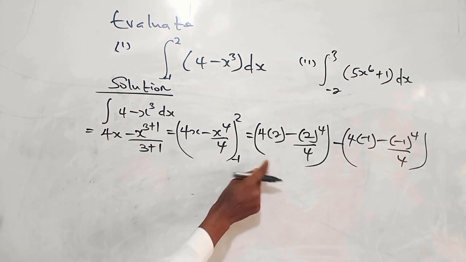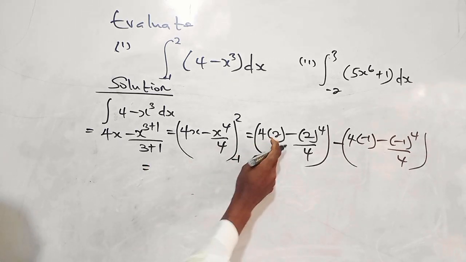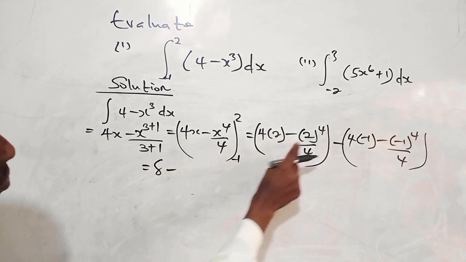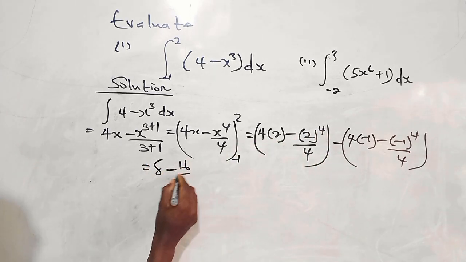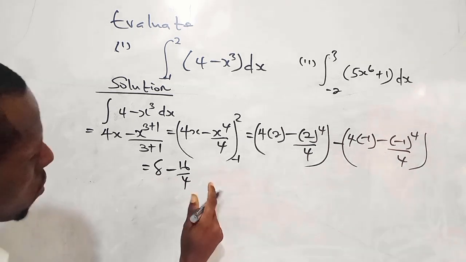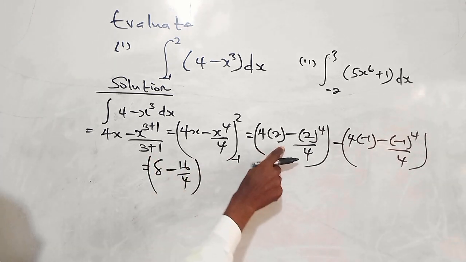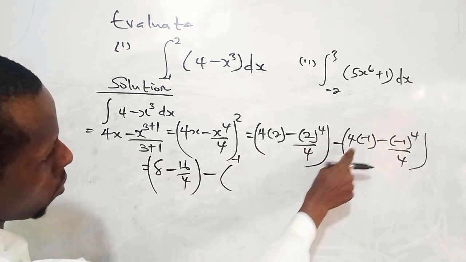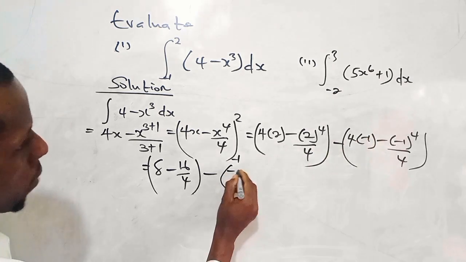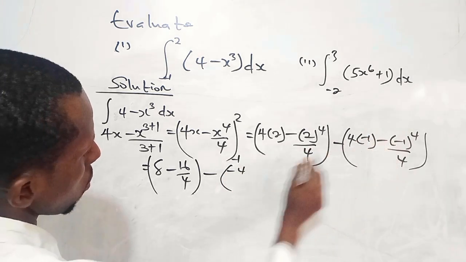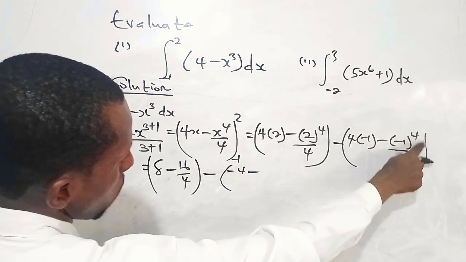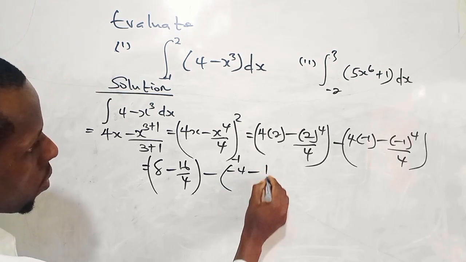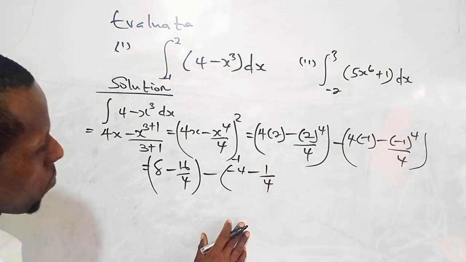When we simplify, we have 4 times 2 is 8, minus 2 raised to power 4 is 16 over 4. Minus, for the second one, 4 times -1 is -4, minus -1 raised to power 4, which is 1, over 4.